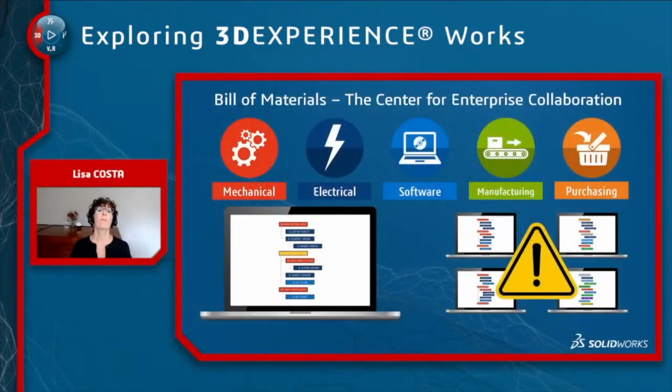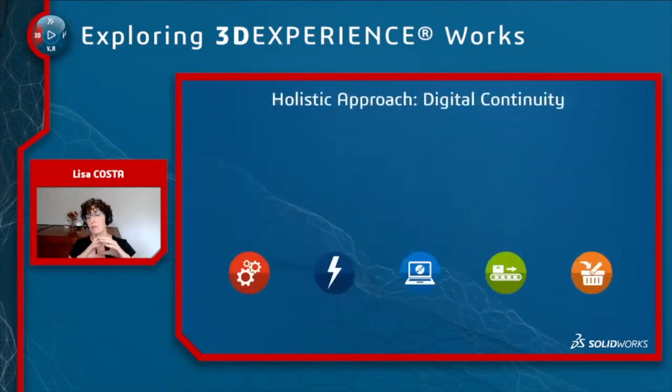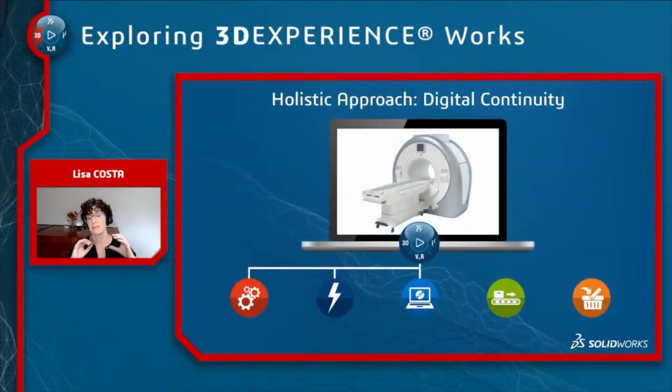So what we're proposing with the 3D Experience platform is a holistic approach for digital continuity, right? What if we had a world, where somebody had ruby slippers, which fits in with the red of the SOLIDWORKS files actually, and we could all be feeding our engineering definition, which includes the SOLIDWORKS files as well as the product structure that we develop with the parametric solid modeler, plus the electrical, plus the software?